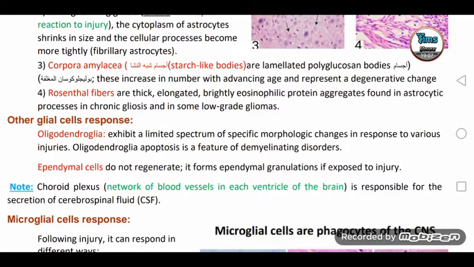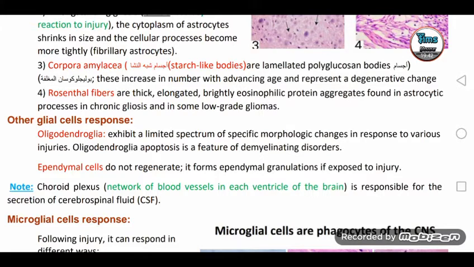Oligodendroglia apoptosis is a feature of demyelinating disorders. So what is the oligodendroglia? In general, the oligodendroglia are like the Schwann cells that make the myelin sheath around the axon of the neuron, except that the oligodendroglia exist only in the central nervous system, while the actual Schwann cells exist in the peripheral nervous system.